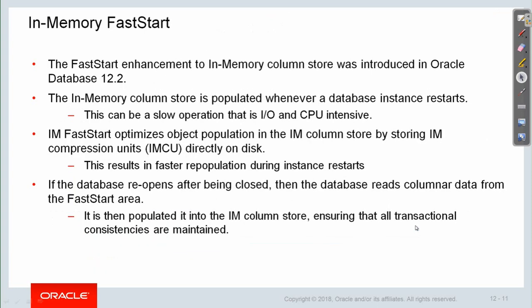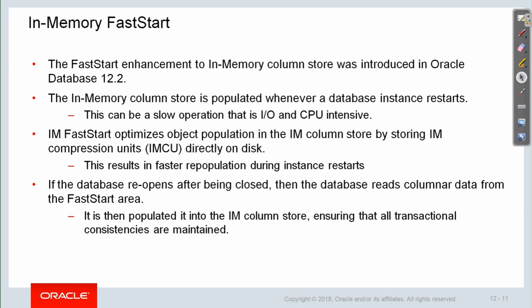Now we also have In-Memory Fast Start. That's another nice feature. Okay, so what is this feature? Think about that. You populated the frequently accessed data in the columnar format. So you have enough information, and your memory is warmed up, so your analytic queries can take advantage of it. But at some point, you have to restart the instance as part of maintenance, or to change static parameters.